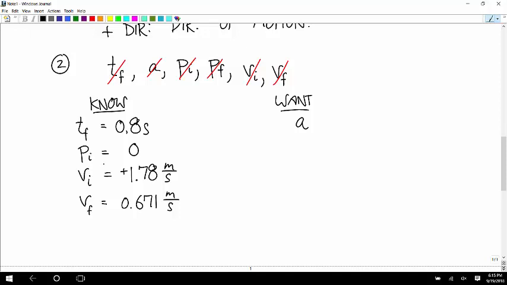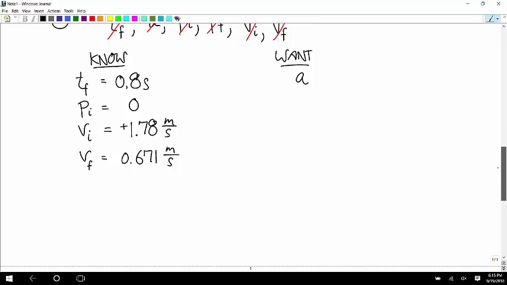Let's see. Is there one? I think this one should work. V final is equal to V initial plus A times time final.